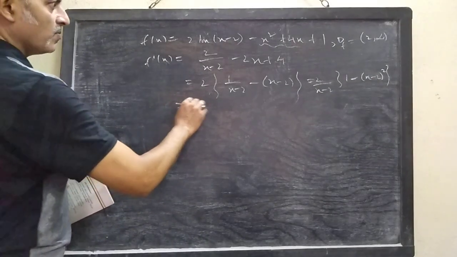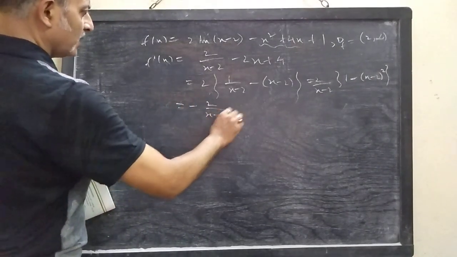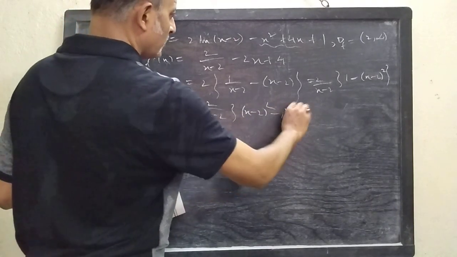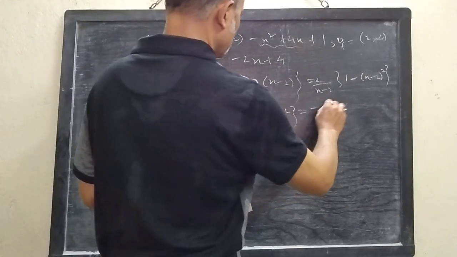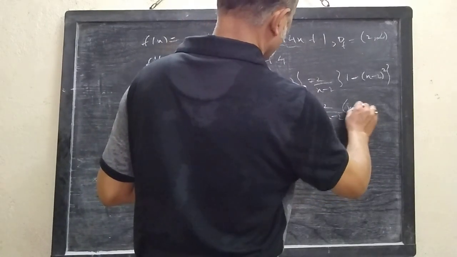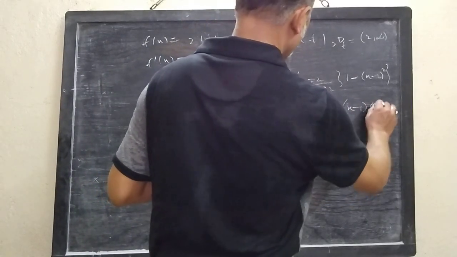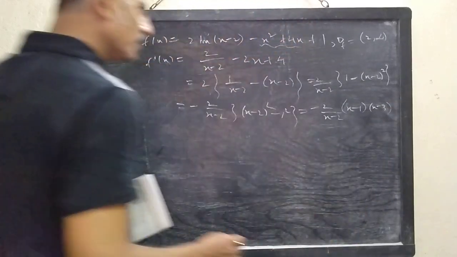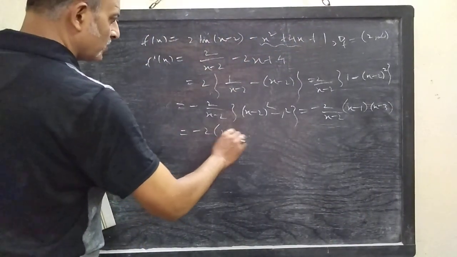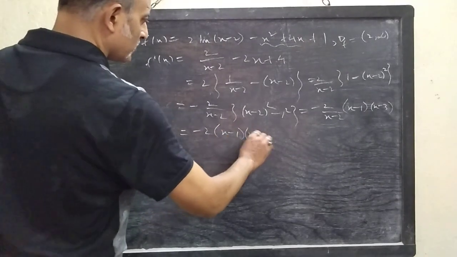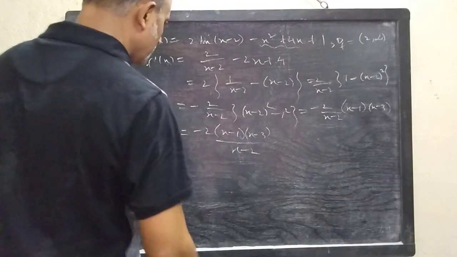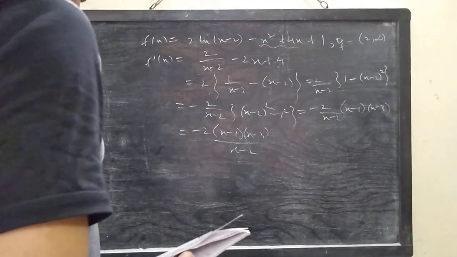This will be minus 2 by x minus 2, (x minus 2) whole square minus 1 square, minus 2 by x minus 2, this will become (x minus 1) into (x minus 3). So finally I am writing minus 2 into (x minus 1) into (x minus 3) by (x minus 2).